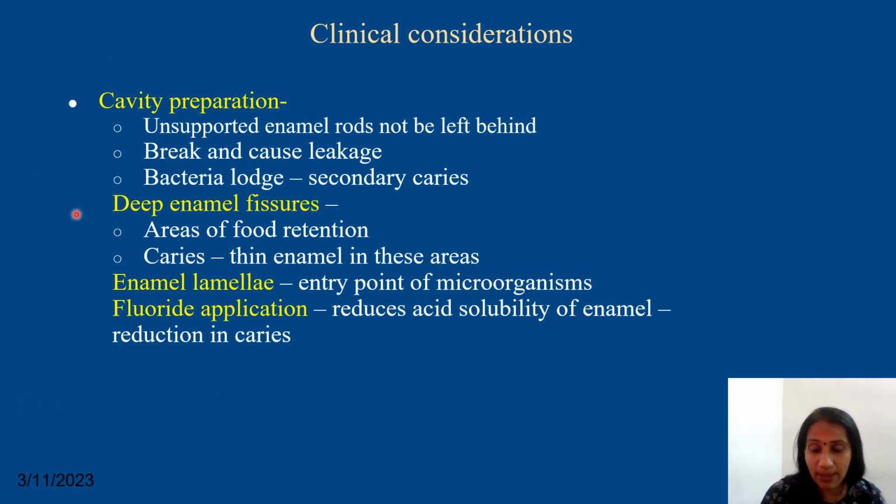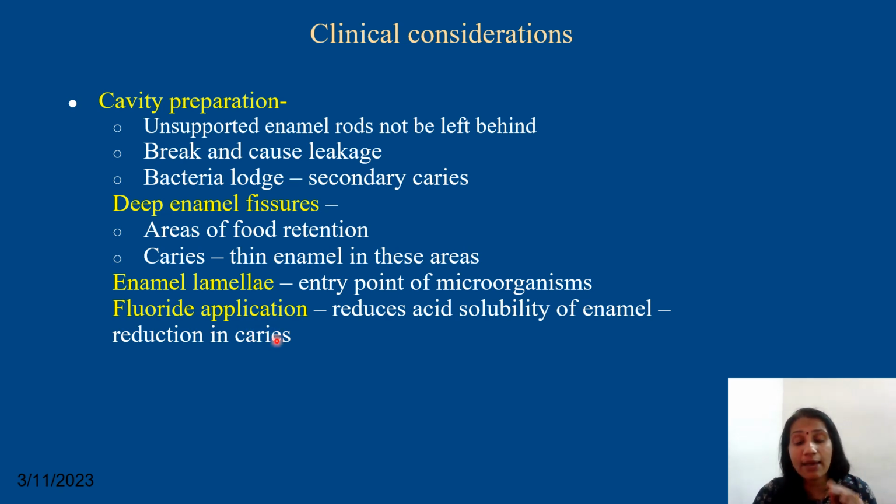Another thing which you have to remember is fluoride application. So it is always necessary that you use a fluoridated toothpaste, or it is better that even in children, if the fluoride content is less in their drinking water, or they are not having adequate fluoride in their diet, then you give fluoride applications. So fluoride has a property to reduce the solubility of enamel.